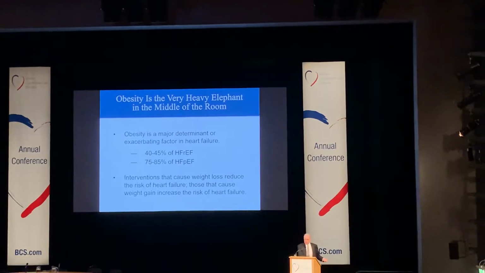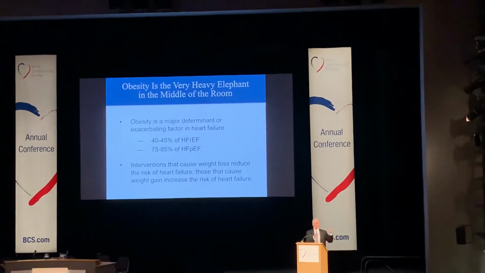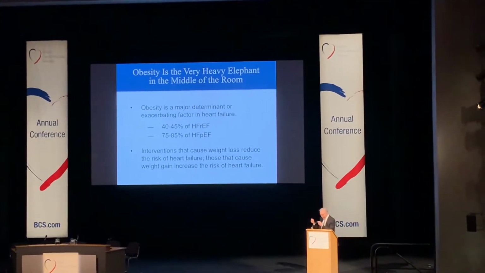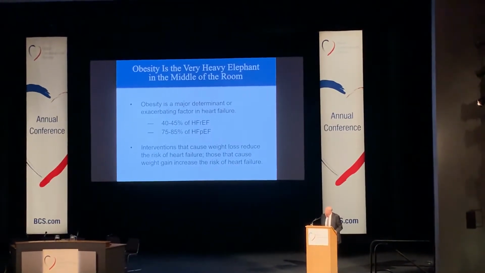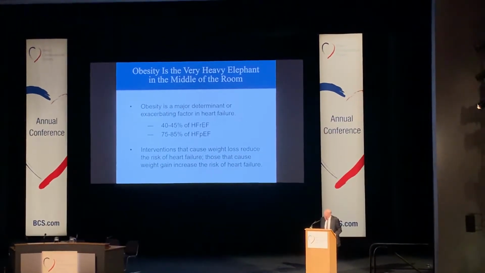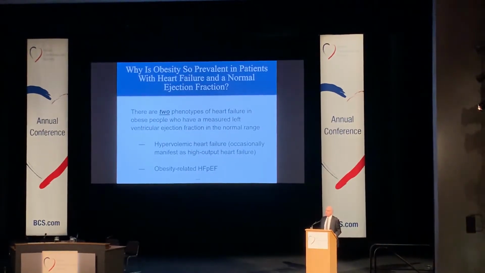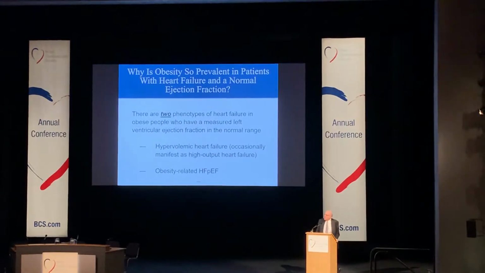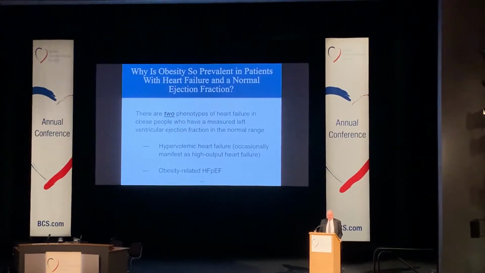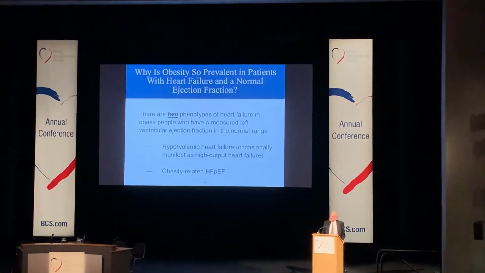And if they lose weight, they have less heart failure. If they gain weight, they have more heart failure. So it's really interesting. The question is, why is heart failure with a preserved ejection fraction so common?